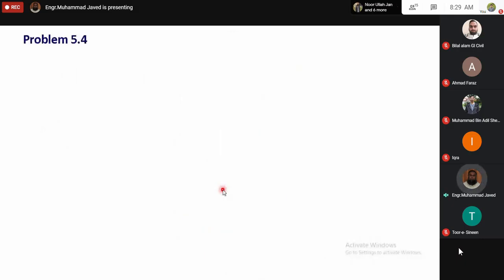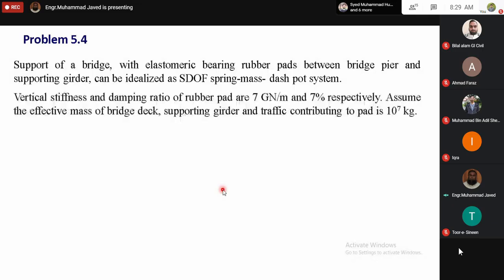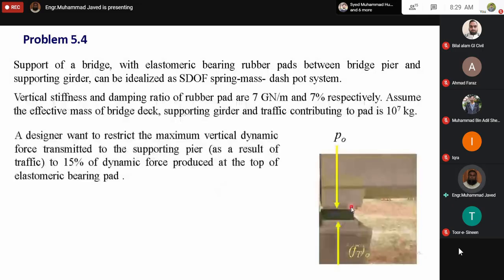Okay, so coming to a problem, we have this elastomeric rubber bearing pad which is provided between bridge pier and the girder above it.